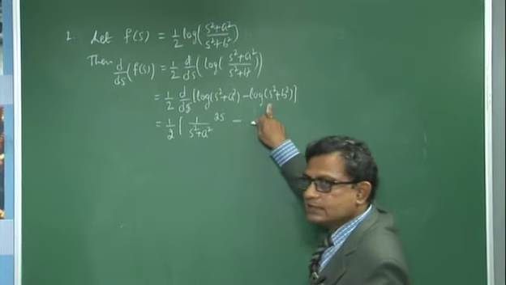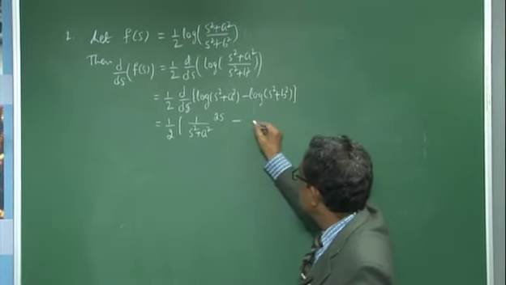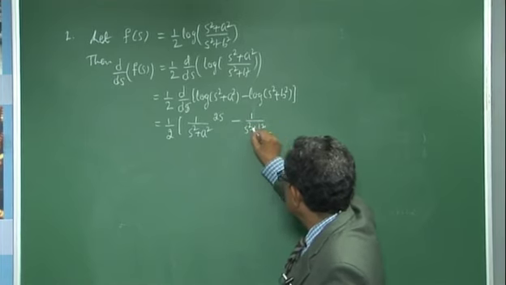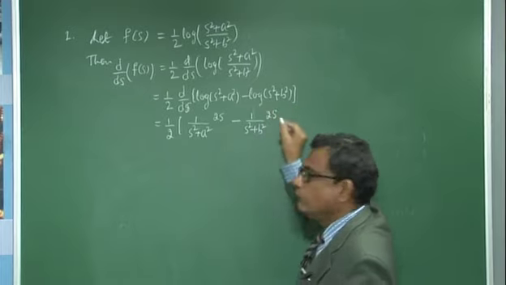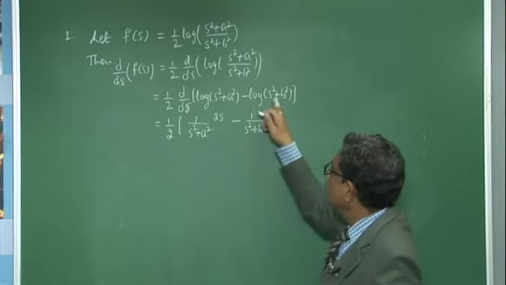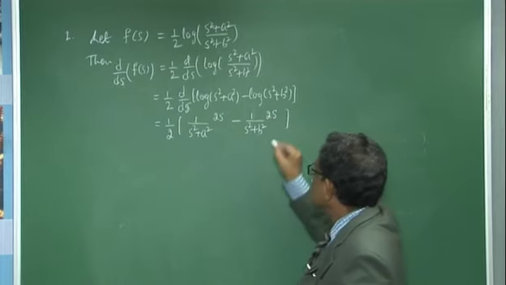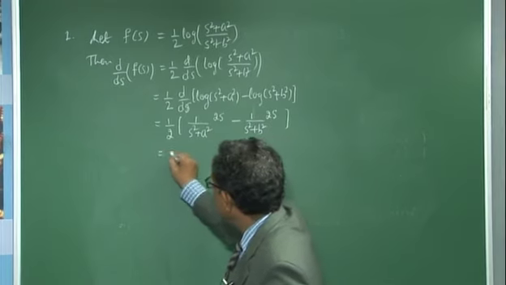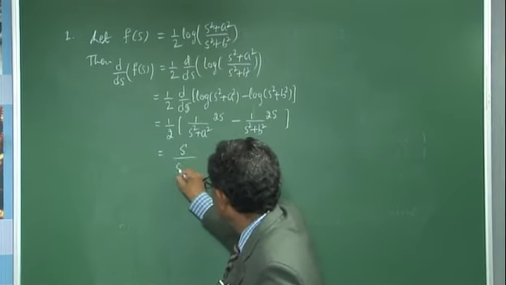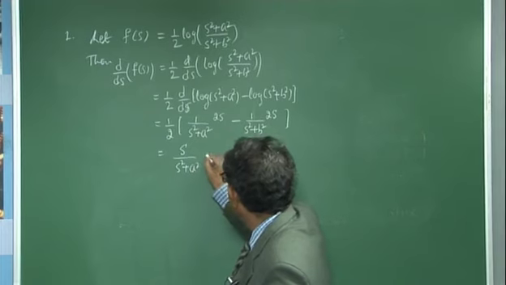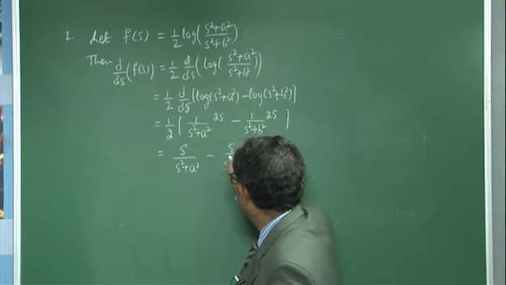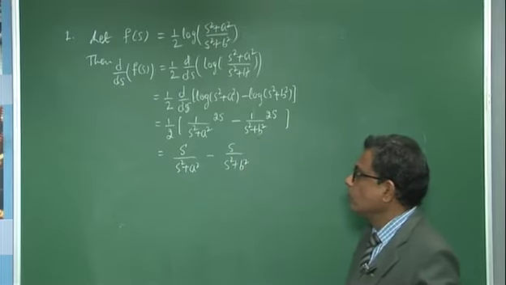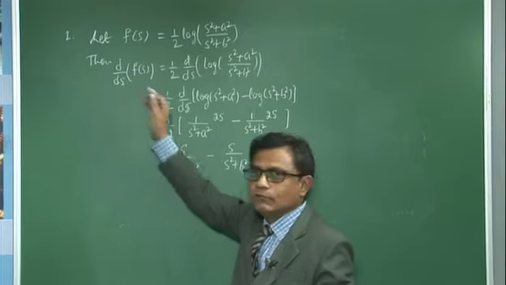Minus, similarly the second term, again a logarithmic function, 1 divided by s square plus b square, inner derivative 2s, b square is constant, 0. Now 2 is common, the 2 cancels, and you get s divided by s square plus a square minus s divided by s square plus b square. Now we got the derivative for the given function.